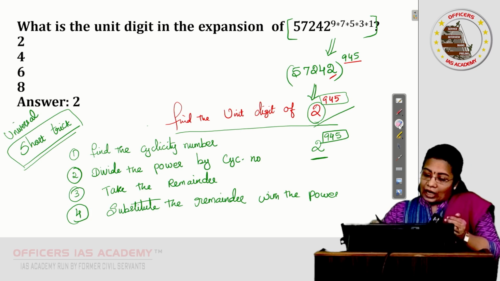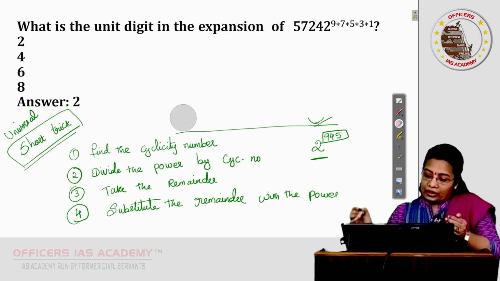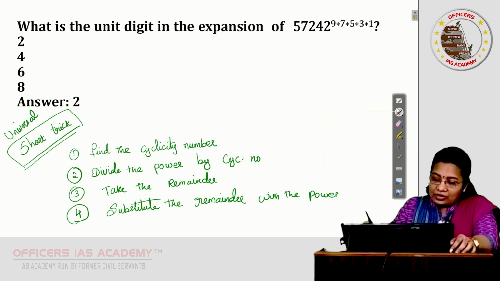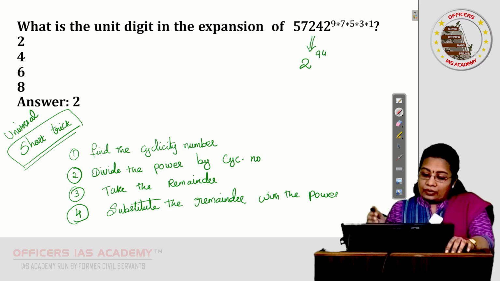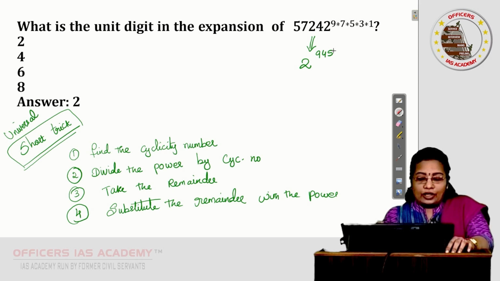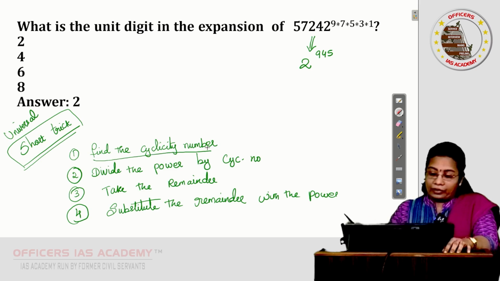Next, I am going to apply the shortcut rule to find the unit digit of this number. Just now we have discussed, we have taken 2 power 945, the final simplified value. We want to find the unit digit for the result. So, find the cyclicity number.